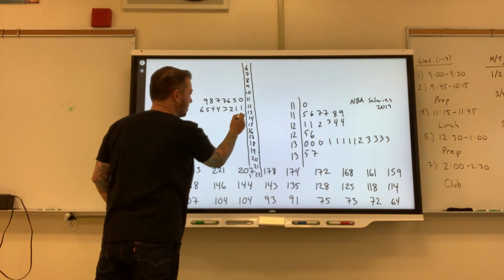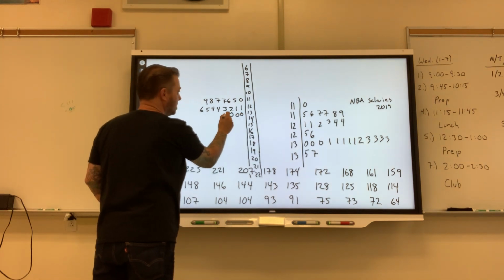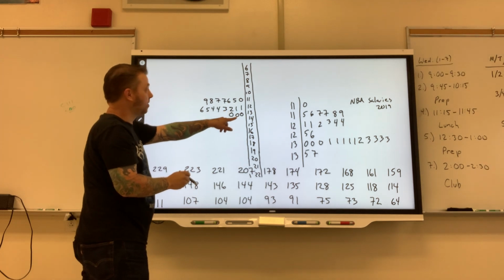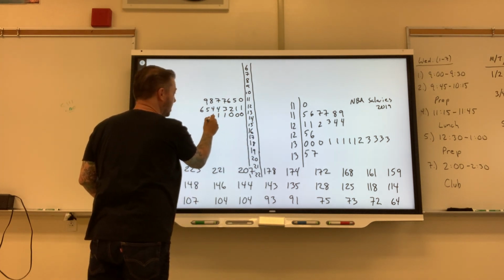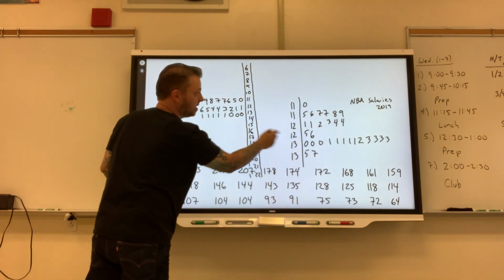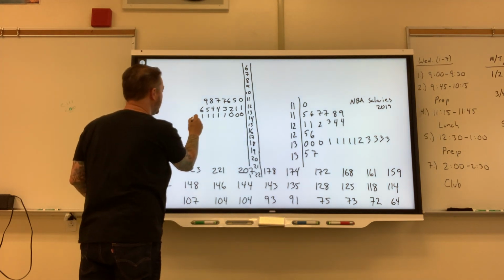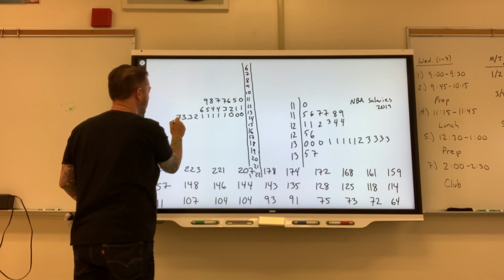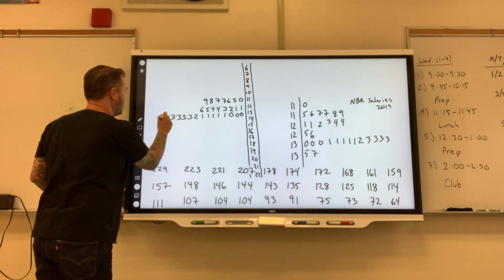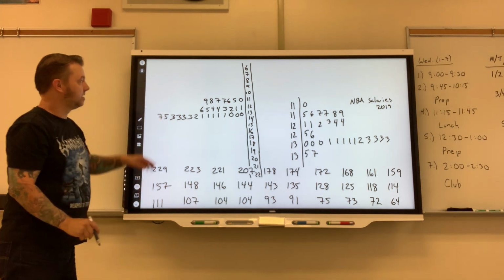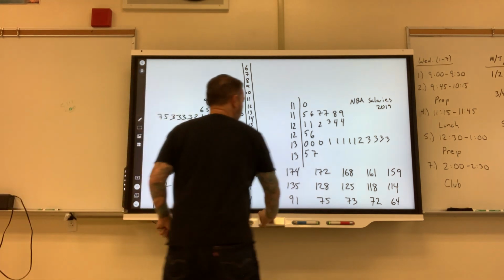Routine would be 0, 0, 0. Now you'll notice you want to keep these lined up just like we did before with the dot plots. 2, 3, 3, 3, 3, and then 5, 7. Okay, now I can get rid of this.